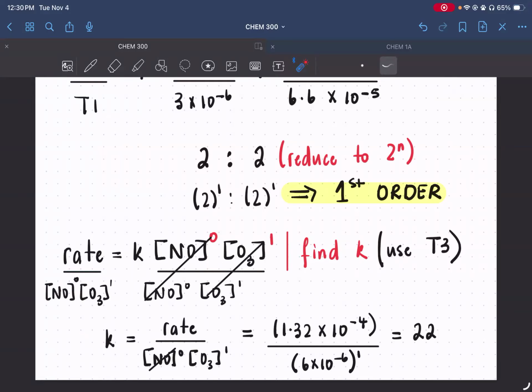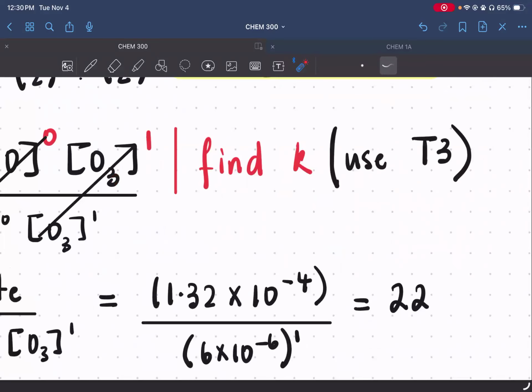There's more. What about the units? You see, the orders are unitless. They're what you're going to power. You're going to square, or cube, or whatever. Those are just numbers. But the rate constant has units. How do we decide that? Well, from the equation, we had molarity per second.